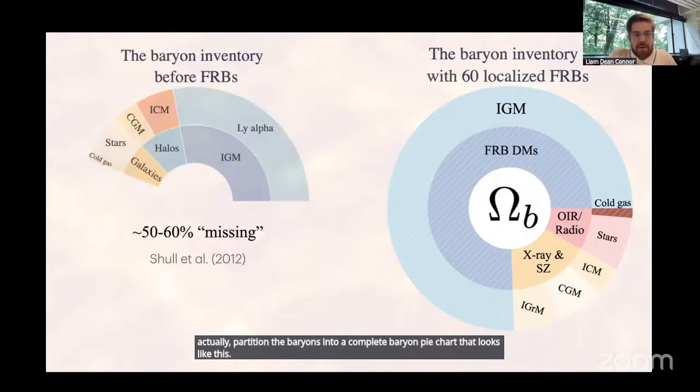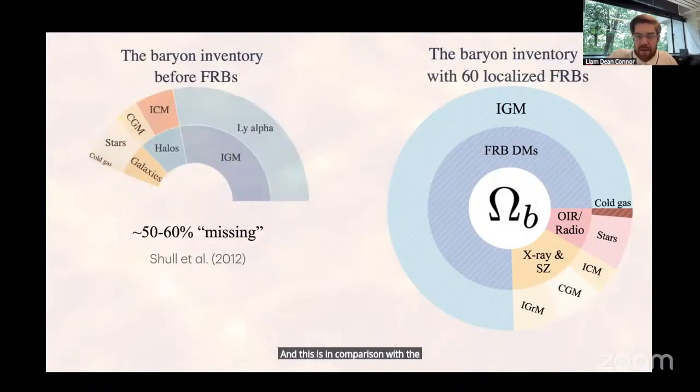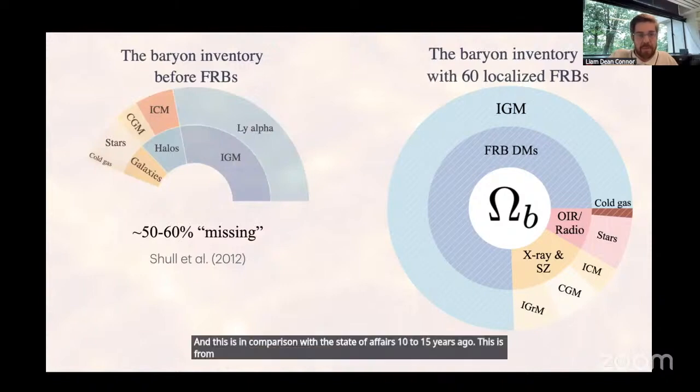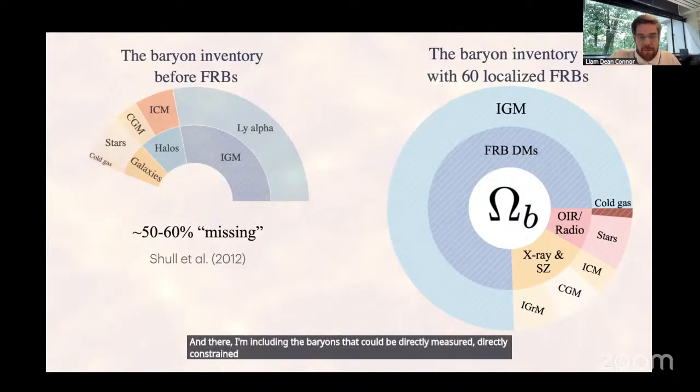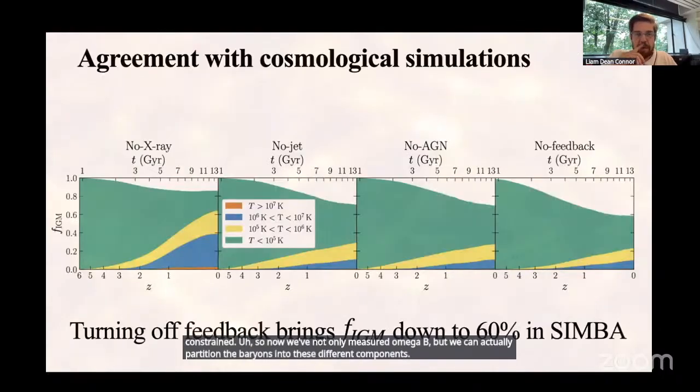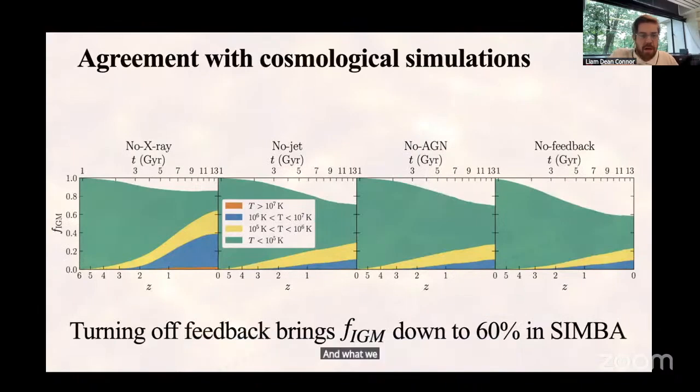And this is in comparison with the state of affairs 10 to 15 years ago. This is from Mike Shull's paper, and there I'm including the baryons that could be directly measured, directly constrained. So now we've not only measured omega B, but we can actually partition the baryons into these different components. And what we see is in agreement with cosmological simulation.